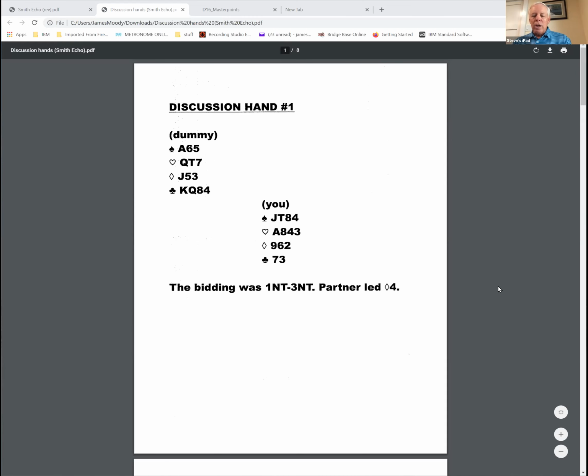But in reverse Smith, an echo is discouraging, and a low card is encouraging. And again, it's not really critical which you play. I don't see any advantage one way or the other. Really, the important thing is that you both are on the same page and playing the same thing.